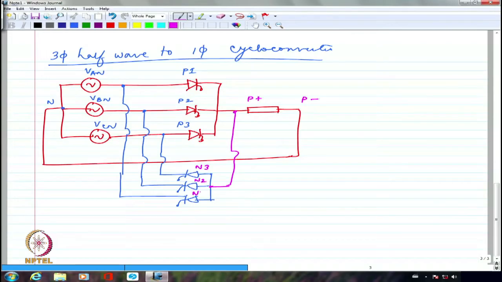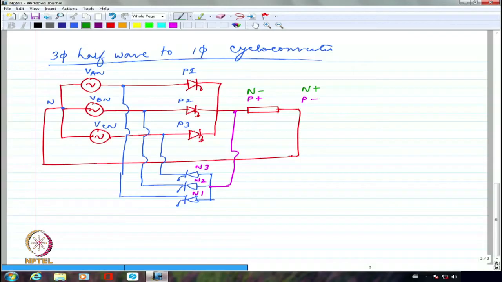So if I try to fire N1, N2, N3, I am rather going to have this as negative. So I should say this is N negative and this is N positive, because it is exactly connected in the opposite sense. But in this case, we will get only half wave conversion.